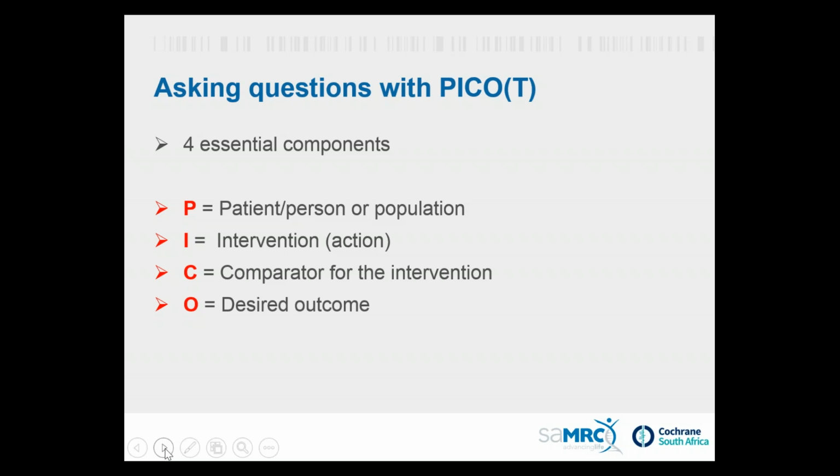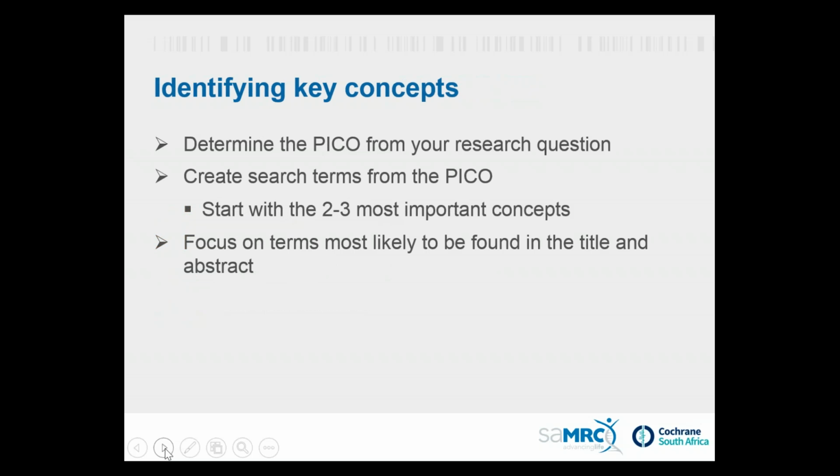The first one, P, is: who is the population or the patients? What is the intervention or the action? Is there a comparator for what you're comparing the intervention to? And then what is the desired outcome? So that would be the very first step, before you even think about your search strategy, having your question figured out.